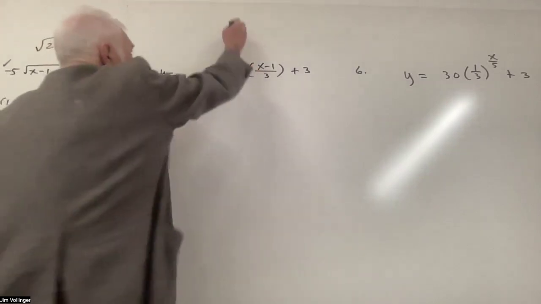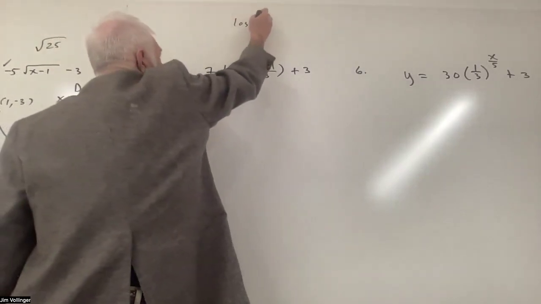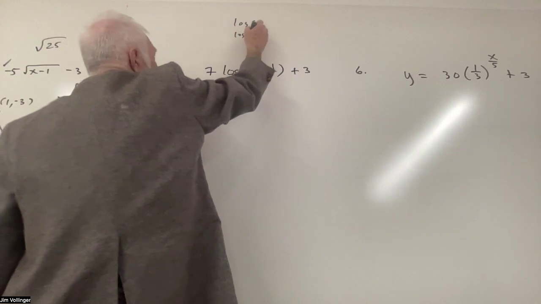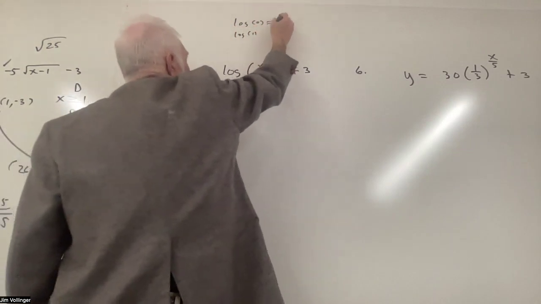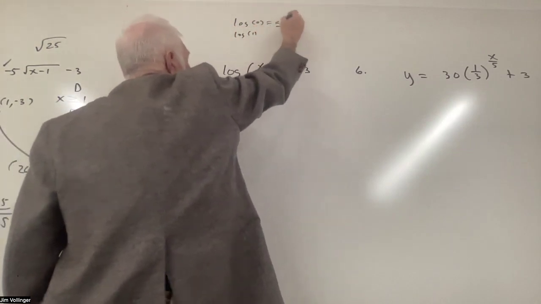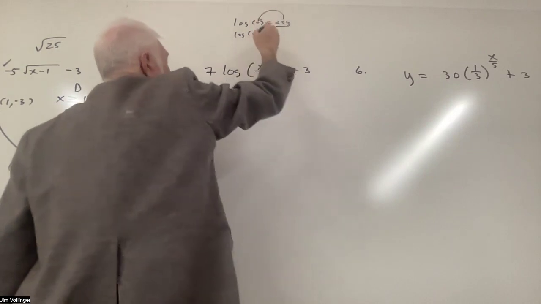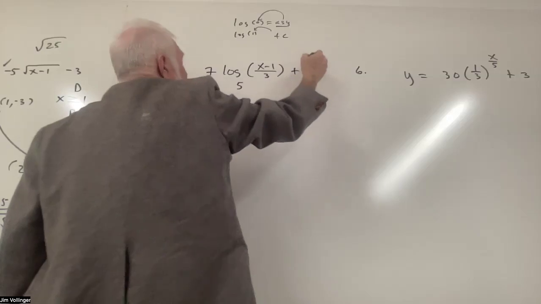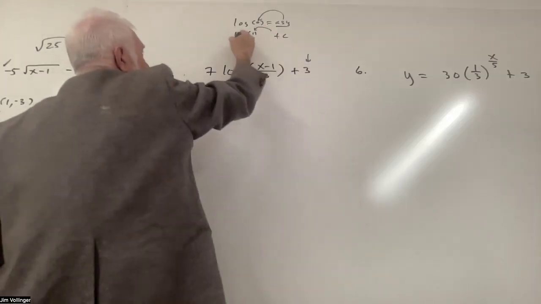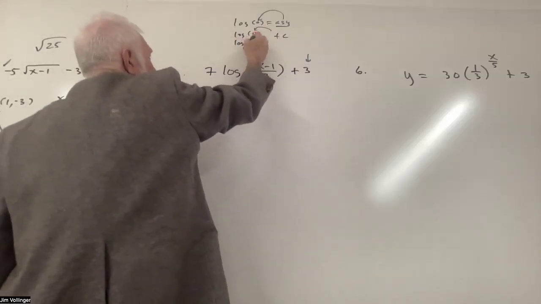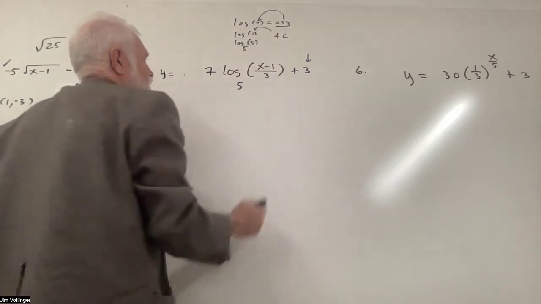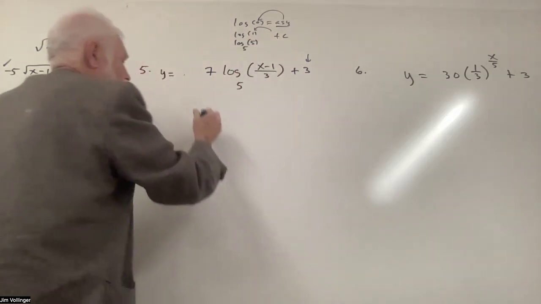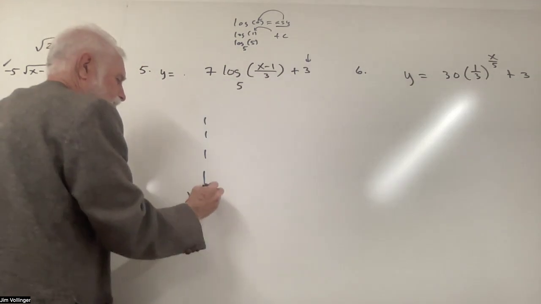All right, so log 0, log 1, log 0, undefined, so that's your asymptote. Whatever makes that 0, whatever makes 1, you're going to get the constant. And whenever I make log base 5 the same, I'm going to get 7 plus 3 is 10. So vertical asymptote, x equals 1.